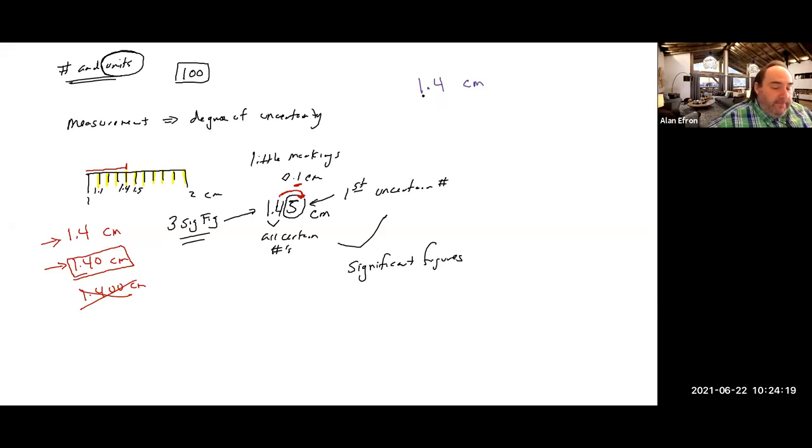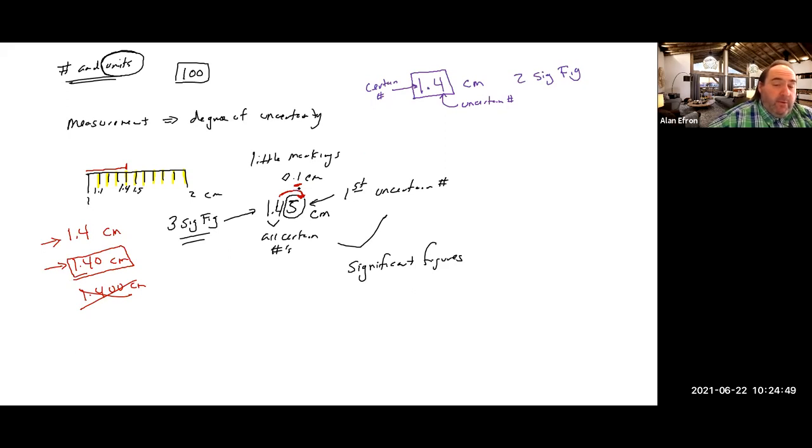What that would tell people is in this measurement, there is only two significant figures, which means that the certain number would be the 1. The uncertain number would actually be the 4. You may be saying still, is it a big difference?